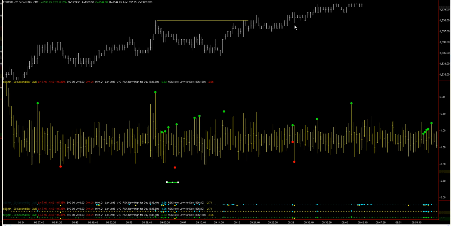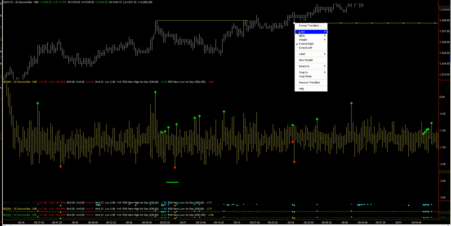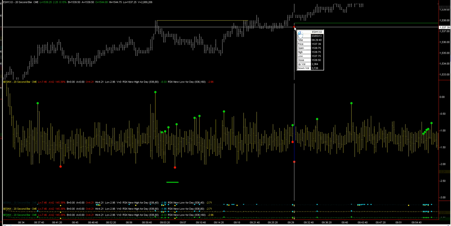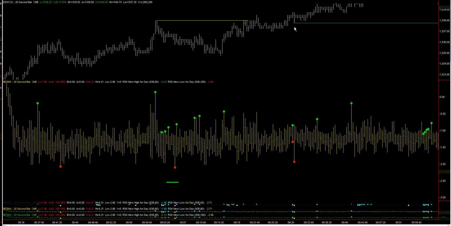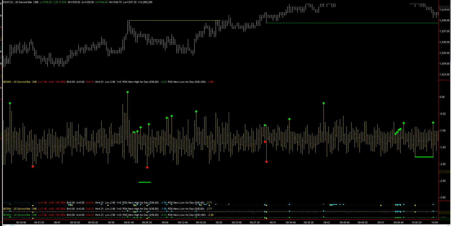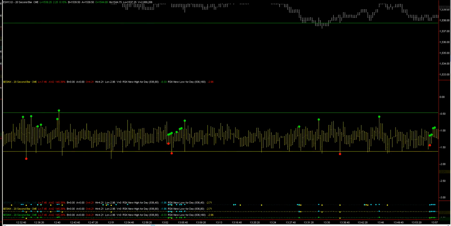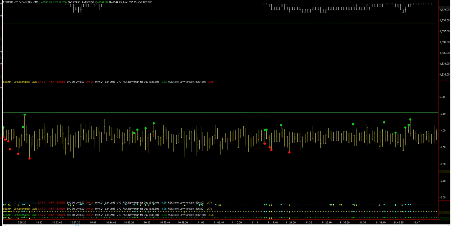That is to say, we expect at some future point that the price of the Spoos will return to 1537.75. Does that occur? Yes, it does. It takes all day long, but it does.